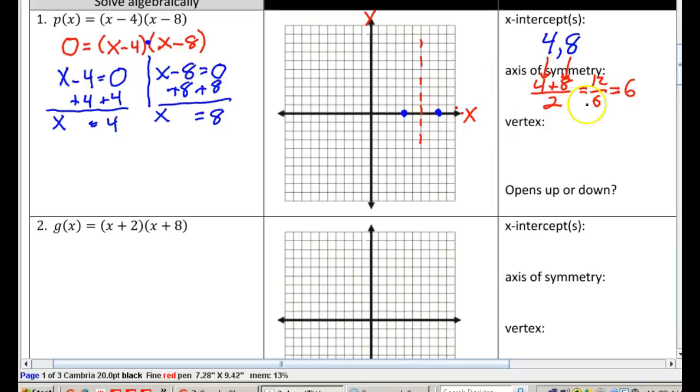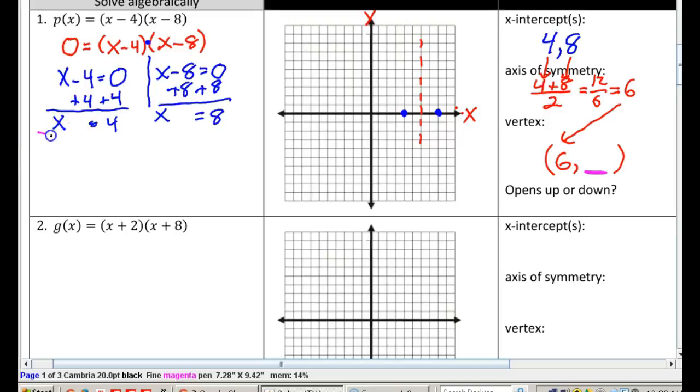We do know the first part, that the first coordinate is 6, and that's always the case. The axis of symmetry is actually the x-coordinate of your vertex. But what we don't know is, well, where? Where on this line up and down, the y-coordinate? Where on that line up and down is the actual vertex?